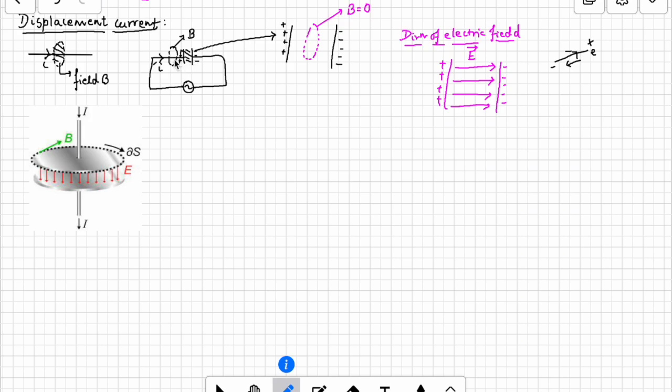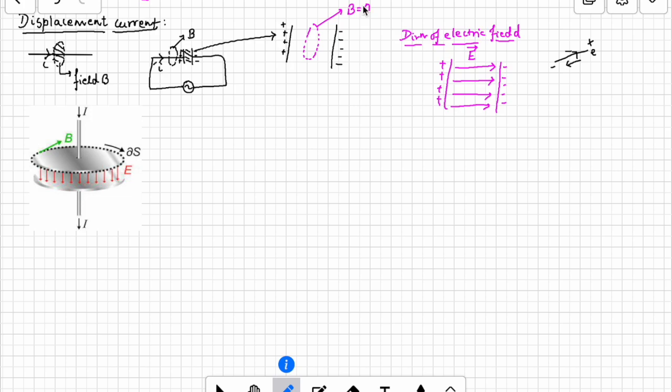Now the current which is flowing through the wire cannot flow through this because this space is more or less empty or has a dielectric in between. A dielectric, you can consider it as an insulator to a certain extent, so the current cannot flow. In that case, if I measure the magnetic field here, this should more or less be zero. Okay, so that's important.